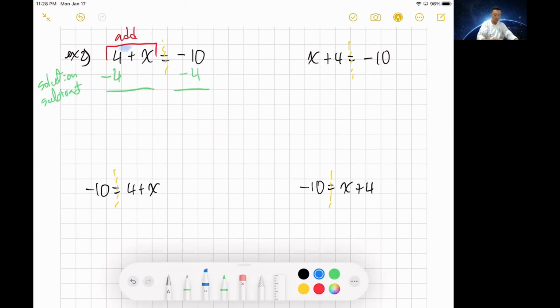But here's the deal this time. Even though solution is subtraction, technically, right? Negative 10 minus 4 doesn't give you 6. It gives you negative 14. So you've got to watch out for when you deal with negatives, okay?